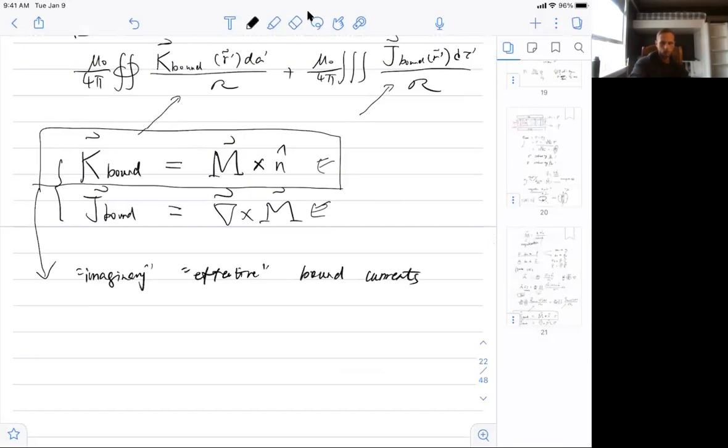We call them imaginary because you don't really run current through them. It's as if the magnetic field is being produced by currents due to magnetization. So a magnetized object acts like it has ordinary current flowing in it.